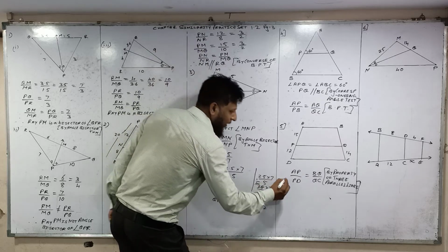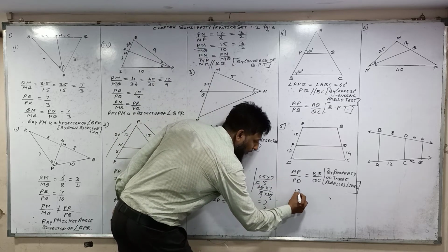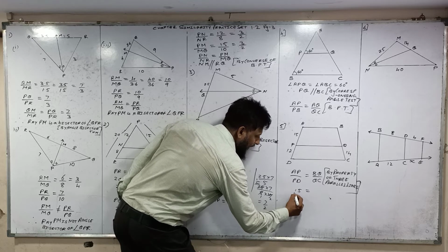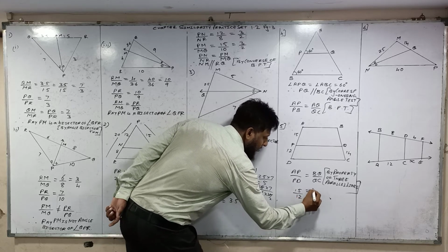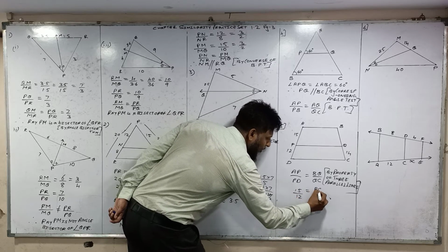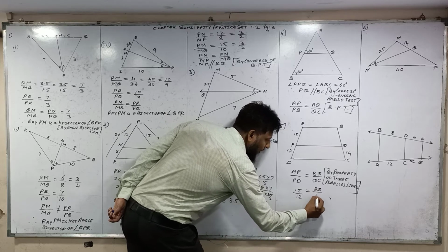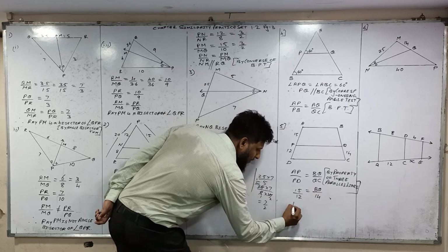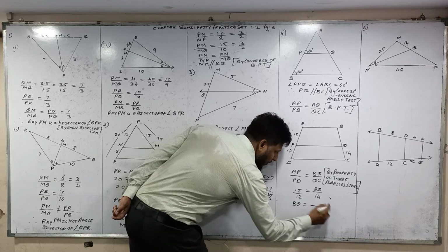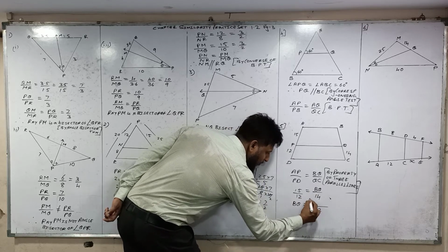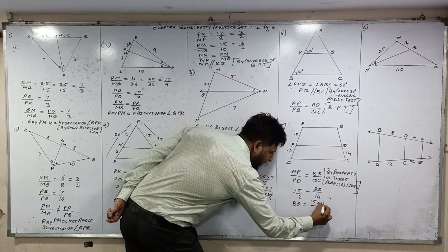Now the value of AP is 15, PD is 12, BQ we don't know, and QC is 14. So BQ is equal to, cross multiply, 15 multiplied by 14 upon 12.